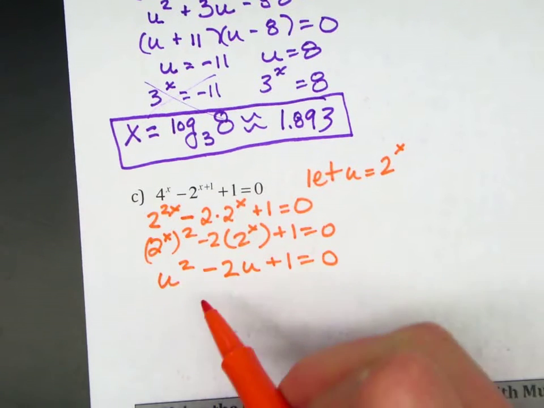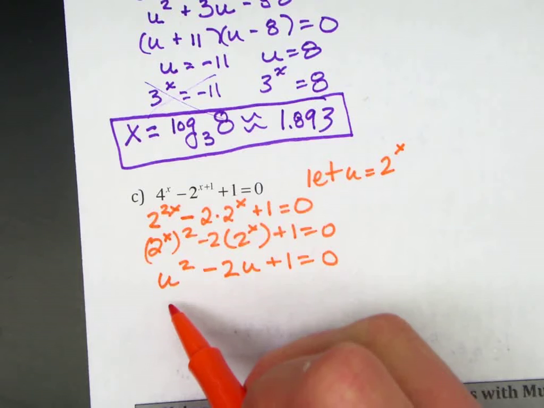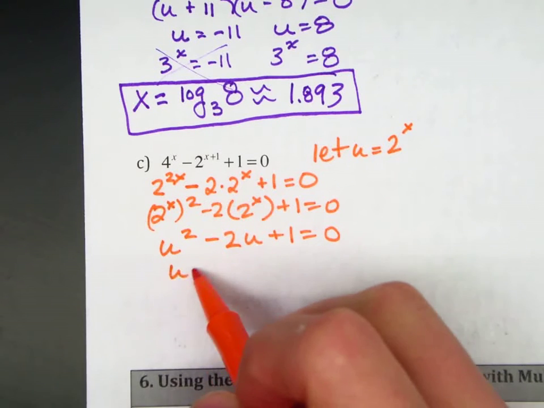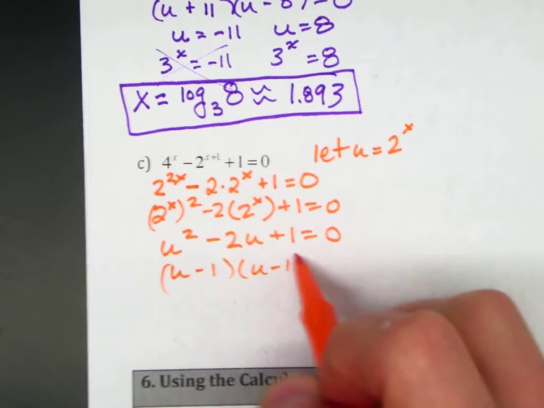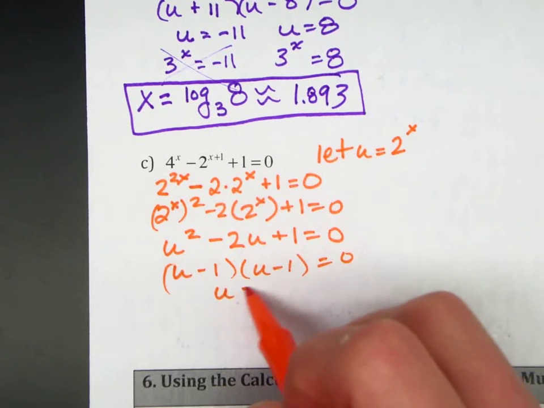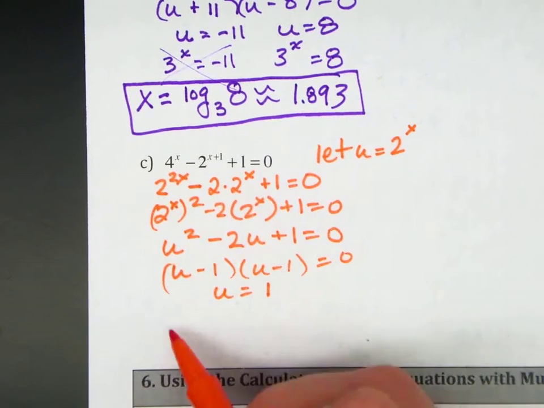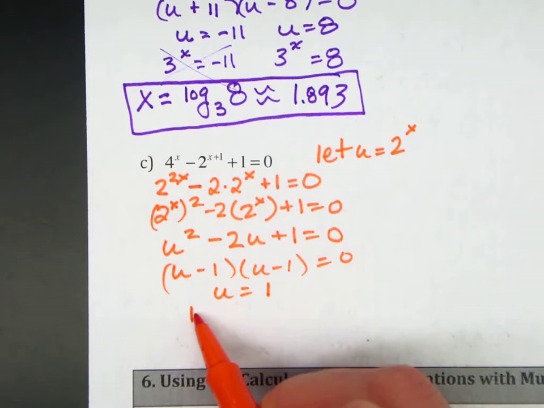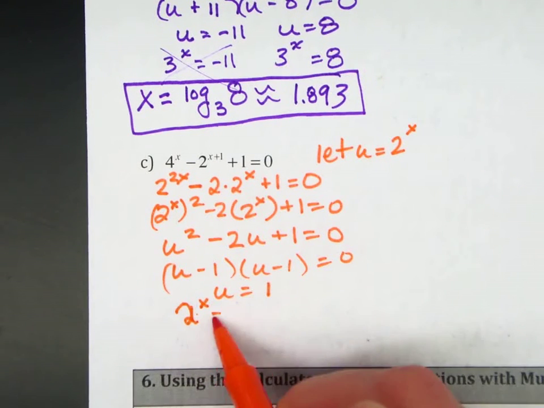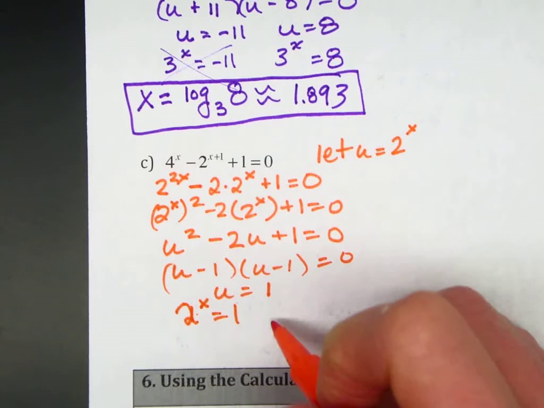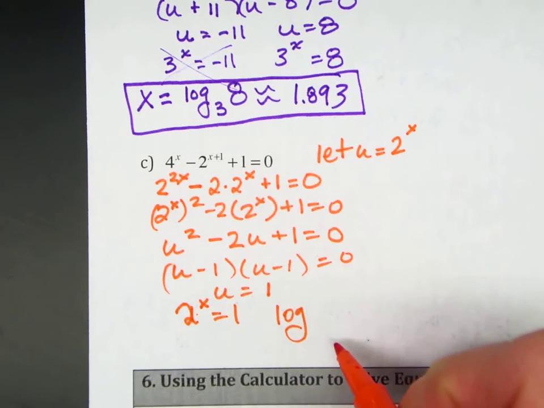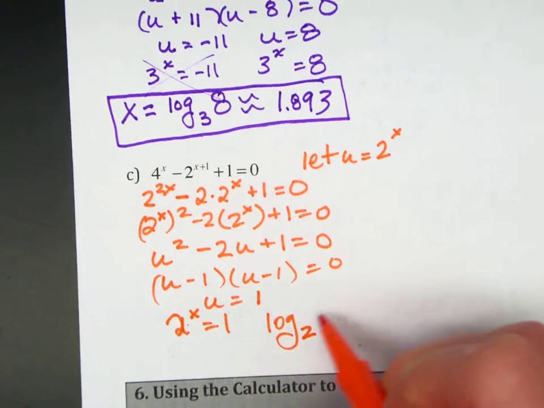All right, to factor this, this becomes what? u minus 1, u minus 1. So u equals 1. So then we have 2 to the x equals 1, and that means log base 2 of 1 equals x.